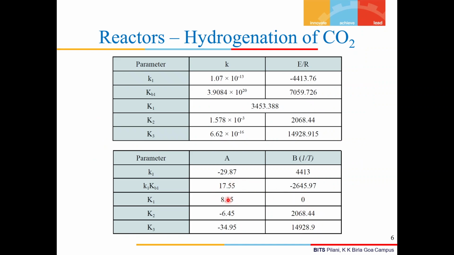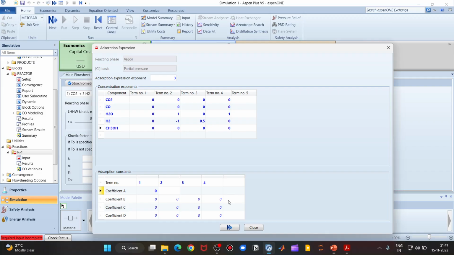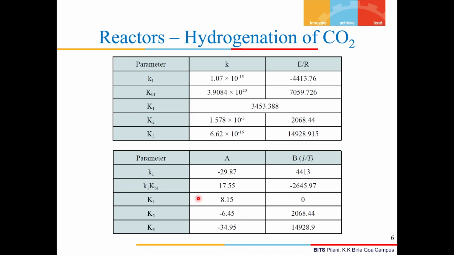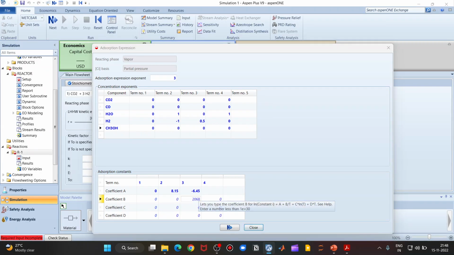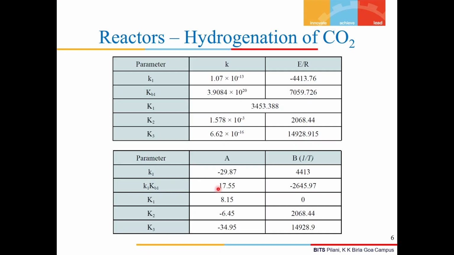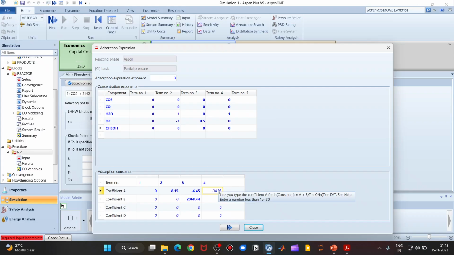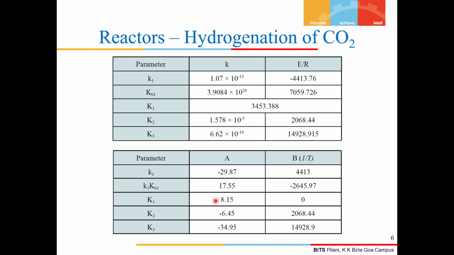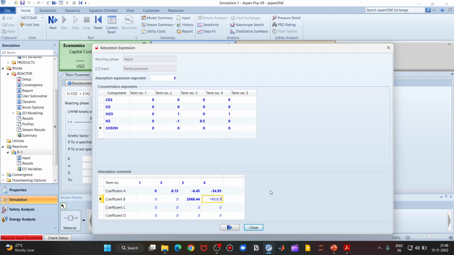So let's quickly enter these values over here. So we have entered all the details over here.